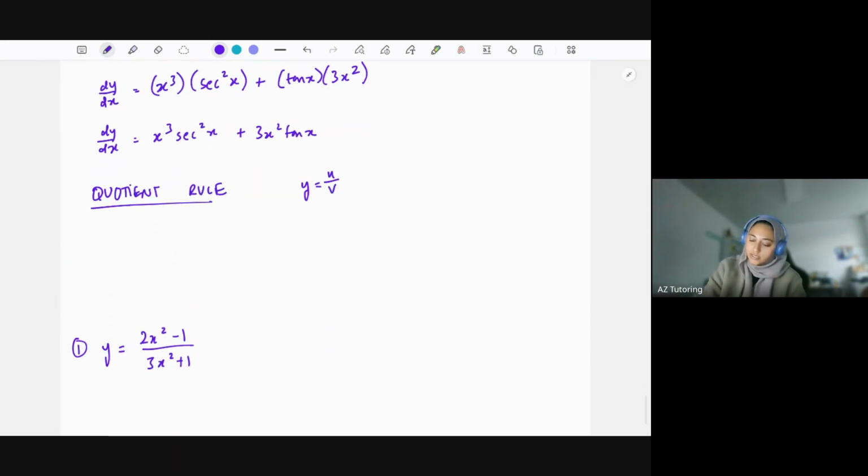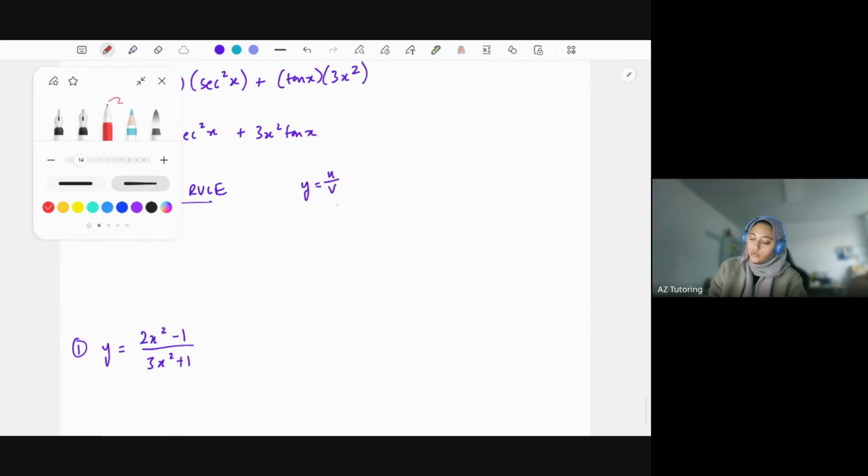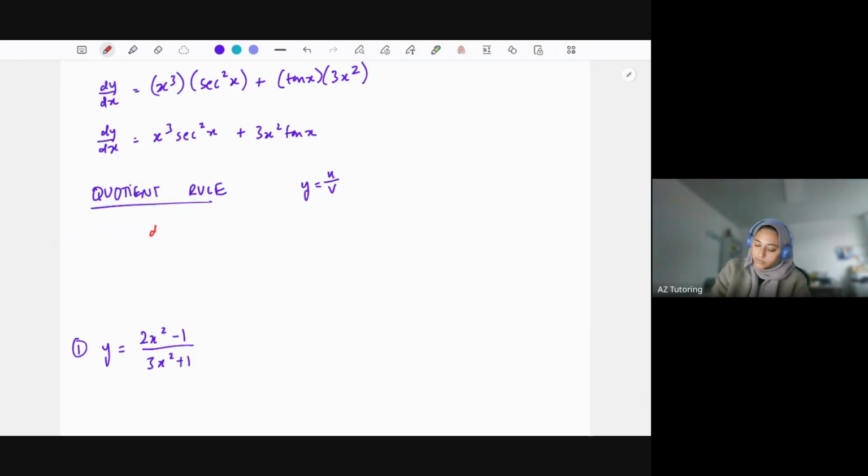The quotient rule says if you've got two functions dividing by each other, then dy over dx equals v times du over dx minus u times dv over dx, all divided by v squared. So we're finding the same thing. We've got u, v, we're finding the differentials of both of them, but we're just plugging different things into dy over dx.